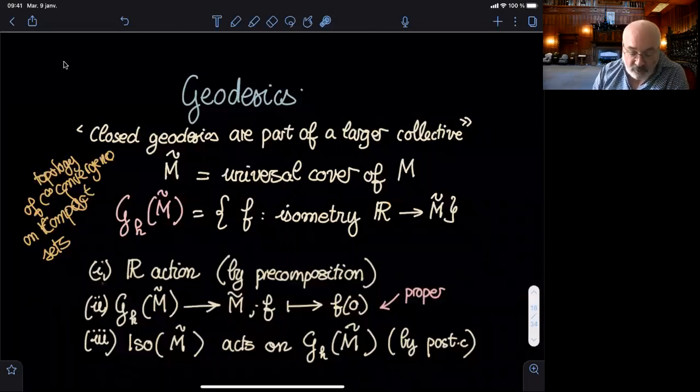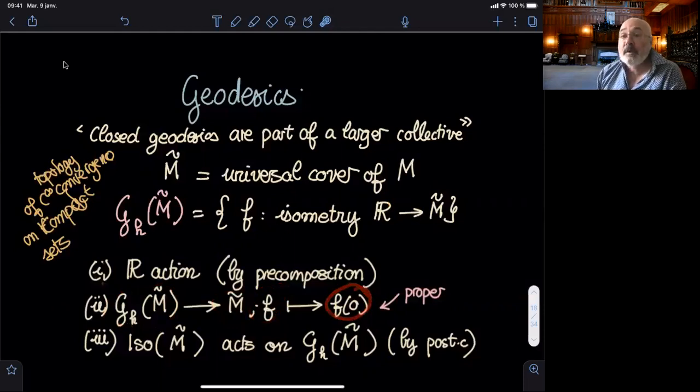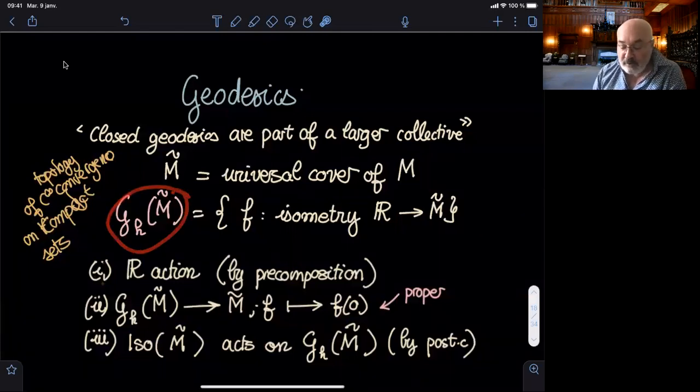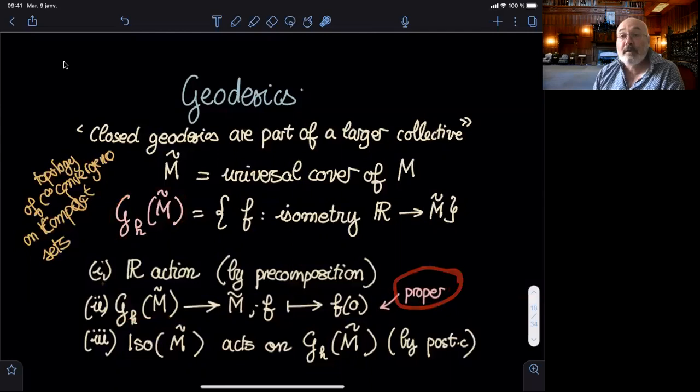The other thing is that you have a natural projection from this space to M twiddle itself. To a map f, you associate its evaluation at 0. If you identify this space with the unit tangent bundle of the manifold, this is just a fibration. I'm going to emphasize an easier property: it's at least proper.